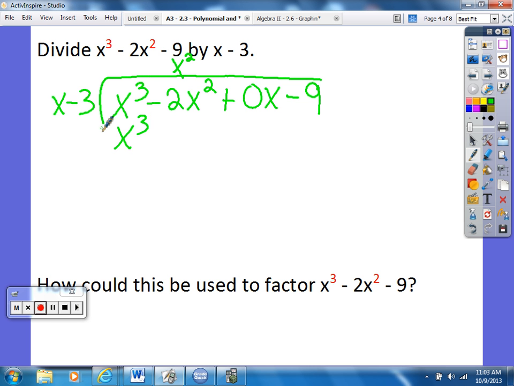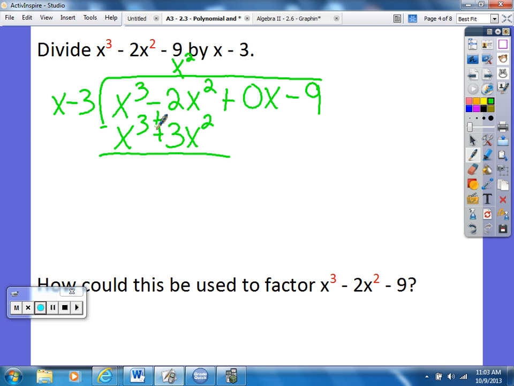So you subtract them, and then x squared times negative 3 would be negative 3x squared. Then you change the sign. Wait. When you change that sign, you actually just change it to a plus sign. There you go. Is that right?